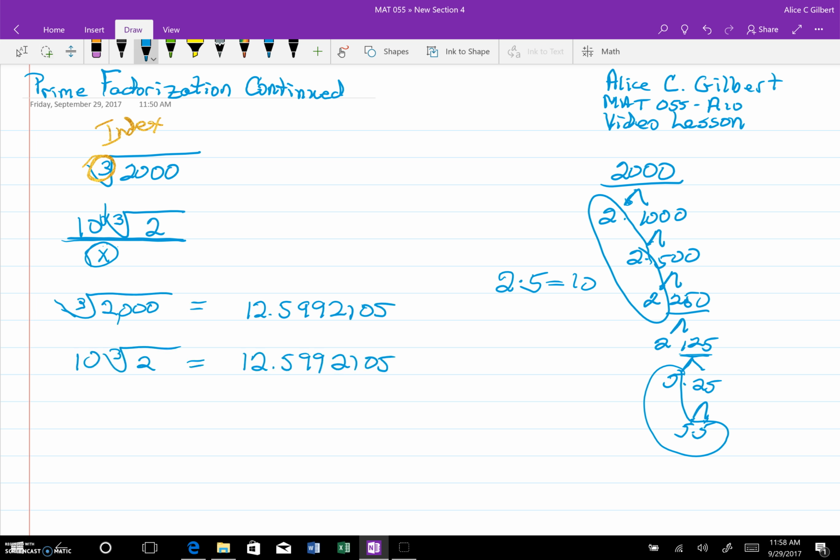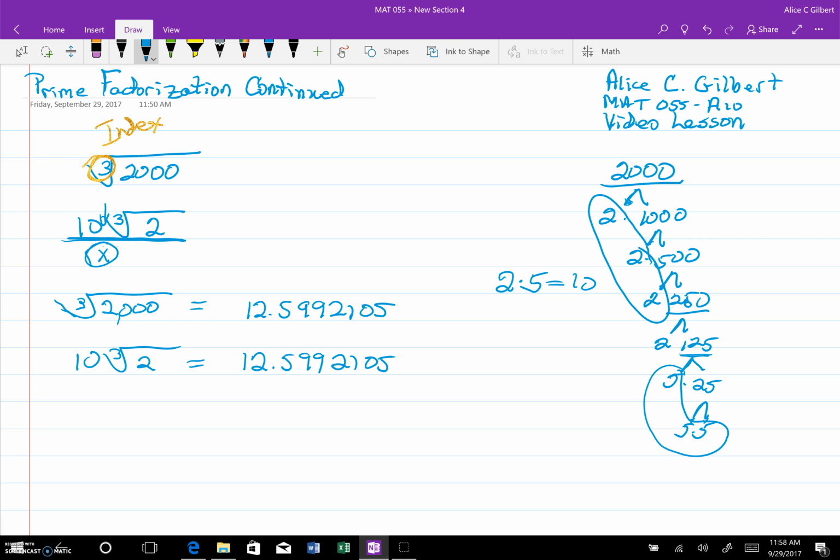So once again, I did these calculations on the calculator. You don't need to do this, but I just want you to see that the cubed root of 2000 is 12.5992105, etc. And 10 times the cubed root of 2 is 12.5992105. They're exactly the same.